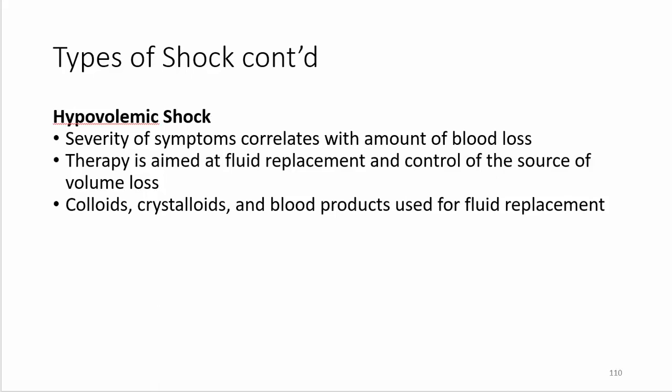It doesn't have to be a laceration. It could be a stomach ulcer and a bleed that way. It could be burns, all kinds of things like that. And so you try and replace with whatever you can. It could be blood products, various colloids, just fluids, all kinds of things. But that's the way that it needs to be treated.